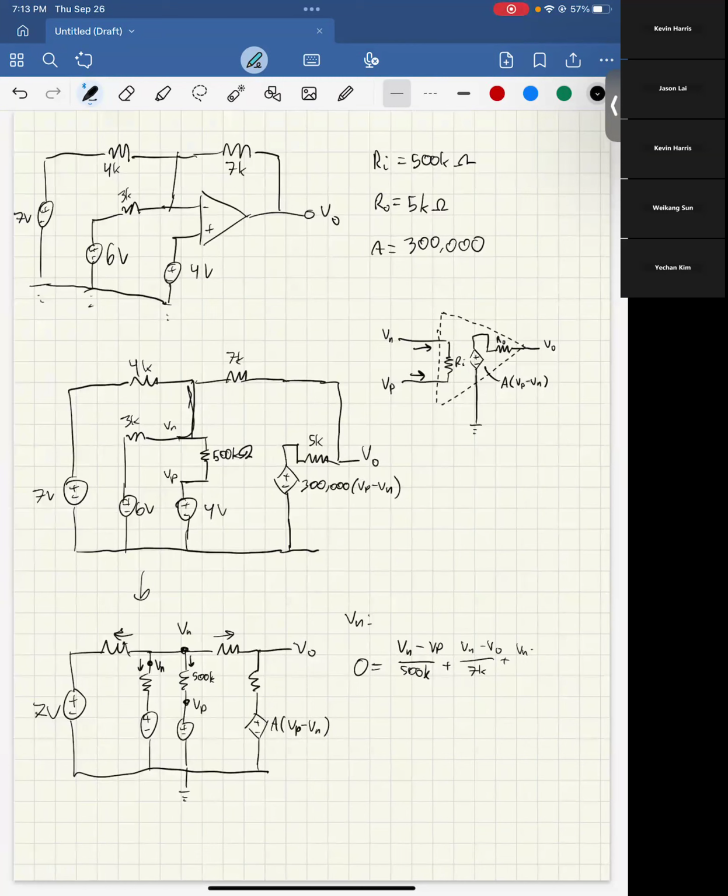Plus Vn minus that 7 over 4K. And then plus, what am I missing? I'm missing this one, and this is 6 volt, and this is a 3K. Plus Vn minus 6 over 3K. So that would be one equation.